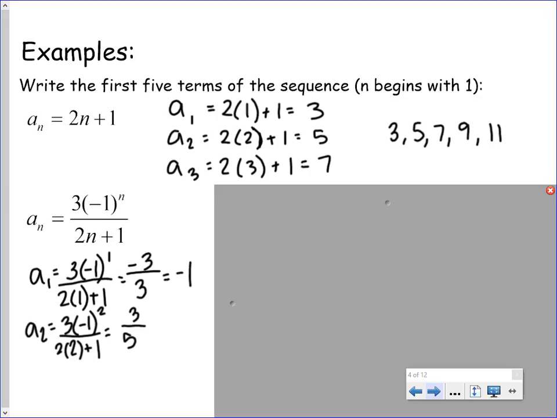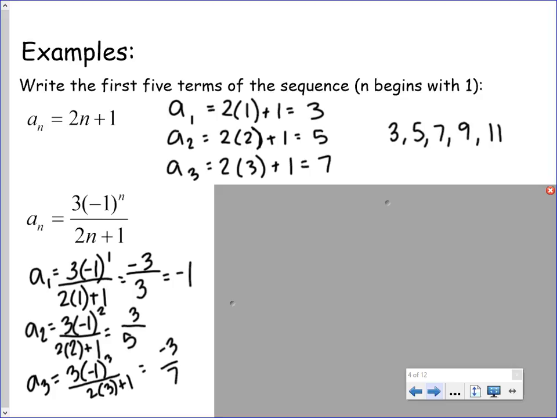If I were going to do a sub 3, on the next one, what happens when you do -1 cubed? It's a negative, times 3 is -3, over 6 plus 1 is 7.